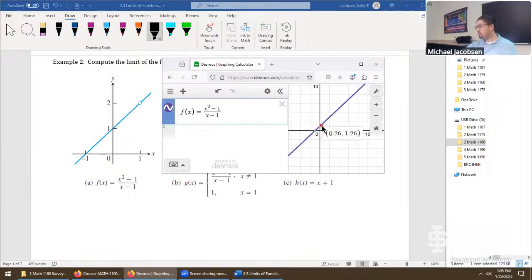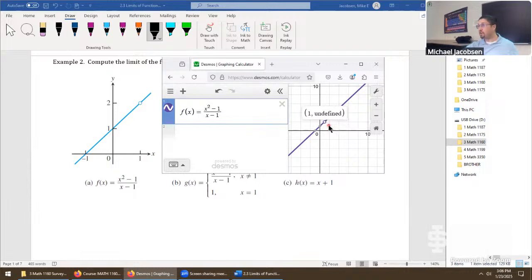Unless you move close to 1, and the graph does produce a hole just like that. There's actually a discontinuity inside this graph where the function's undefined. But graphing calculators usually don't even show that dot, and it comes off the moment I lift the mouse clicker. So that's something really weird about these kinds of functions with technology.